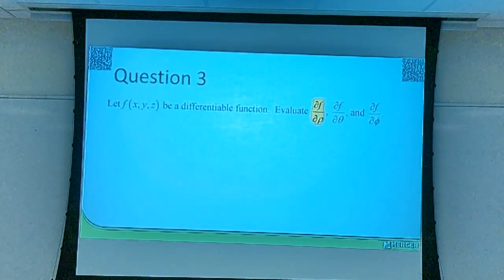So let's start with partial f, partial rho. What Greek letter is it? Good job. Chain rule.